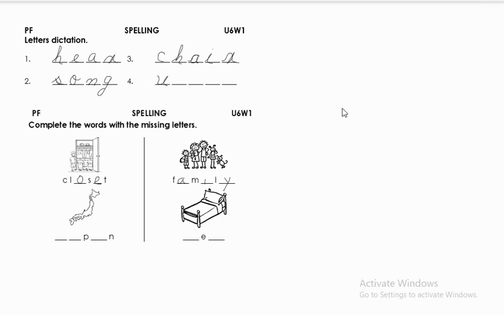So we need the letter U, N, D, E, and finally R, okay? And here we have our four words. Here, song, chair, under, okay? I need that you compare this result with yours, okay? If you made a mistake, please try to correct it.